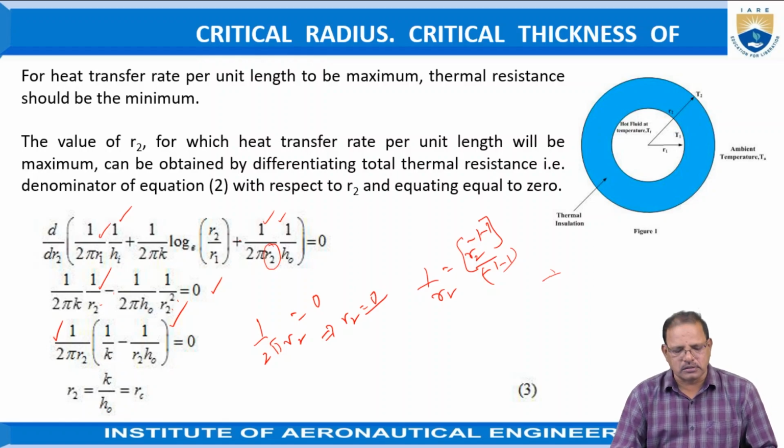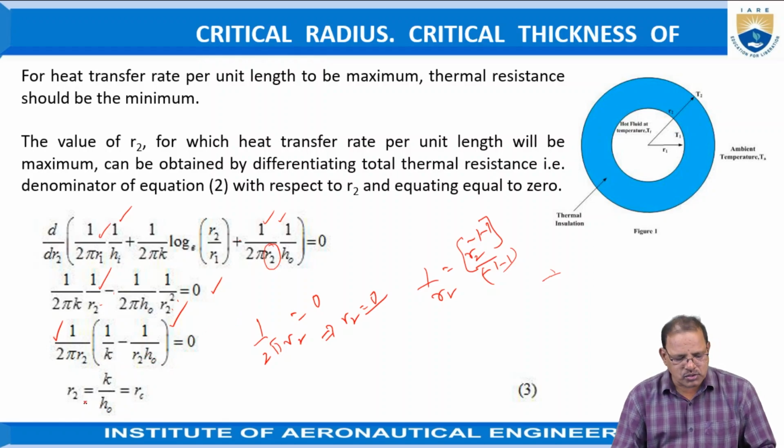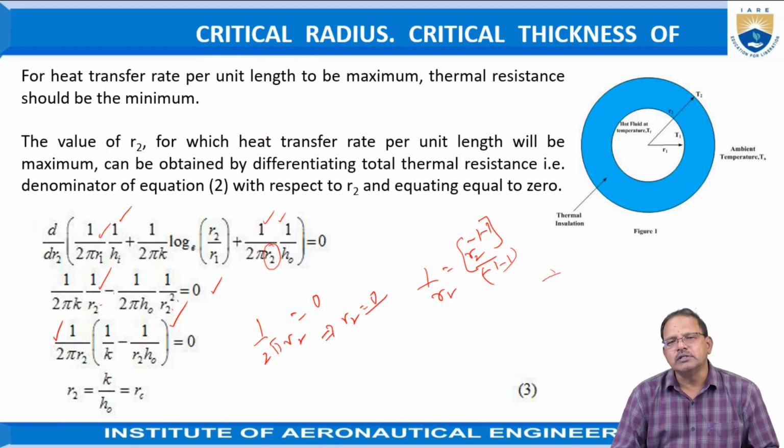In the second case, if 1 by k minus 1 by R2 h0 is equal to 0, from this relationship R2 is equal to k by h0, at which there is maximum flow of heat energy through the pipe. Hence this radius is called the critical radius.